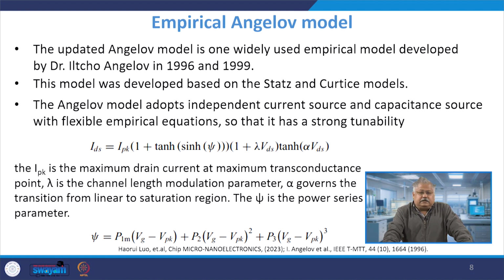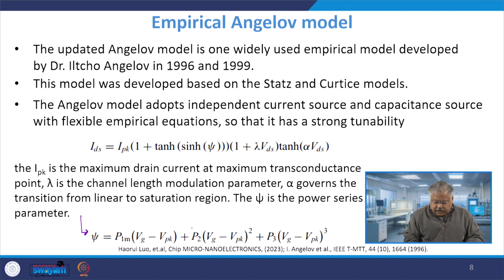Now, just like any FET device, a MOSFET, also the HEMT shows the variation of transconductance with respect to VGS, right. When this happens, you need to extract the value of drain current at which you get the maximum transconductance, and that is shown by IPK. Psi is the expression which you see in the last line, and it depends upon these factors.